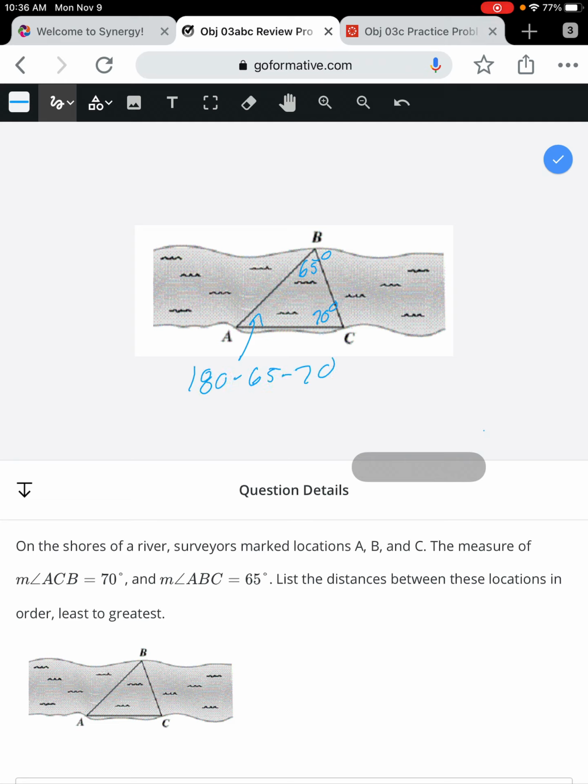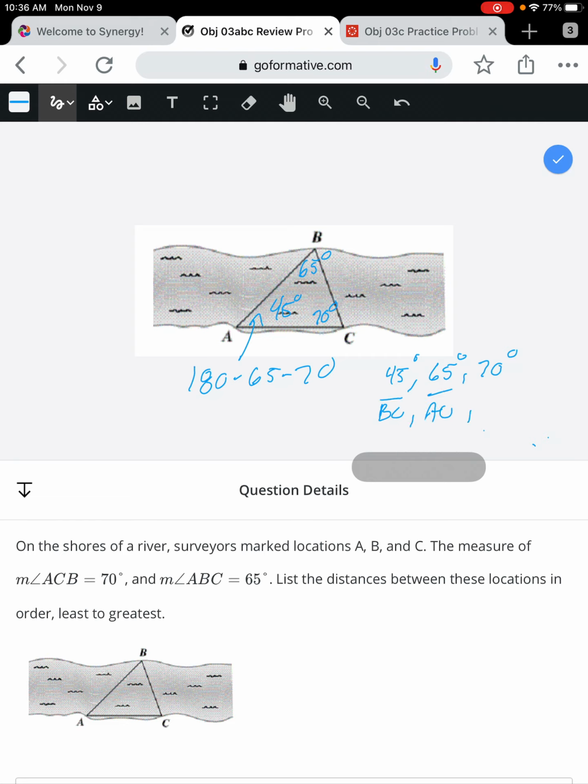Okay, list the distances between these locations in order from least to greatest. Well, my smallest angle is 45, then my next is 65, my last one is 70 degrees. So I ordered the opposite sides, because the side opposite the smallest angle is going to be the smallest side. So BC is opposite 45, AC is opposite 65, and AB is opposite 70.